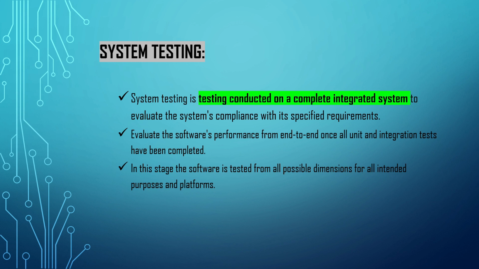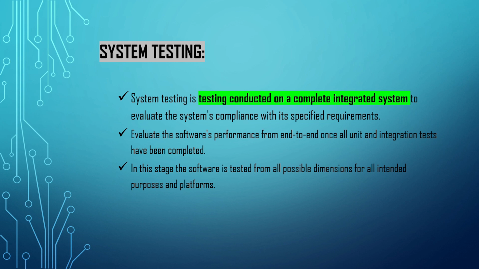Next is system testing. System testing is where the entire software is tested as a whole, on a complete integrated system. Here you are testing the software from all possible dimensions and for all the intended purposes of the platform, meaning you are testing the product as a whole.